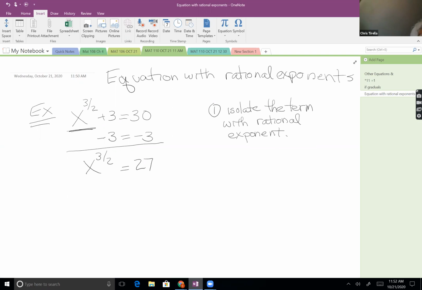Now, what I want you to remember, we're going to do a little scrapbook in the middle. Do you remember that if I raise a power to a power, I multiply exponents?